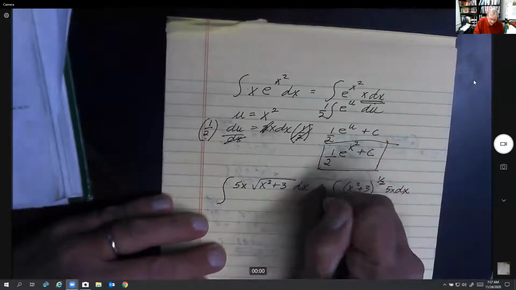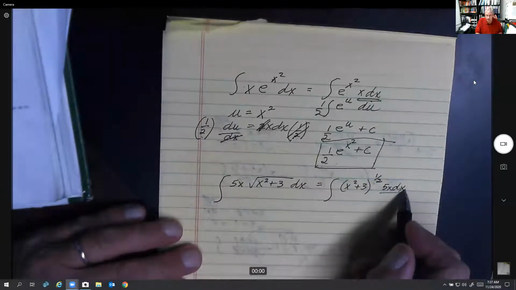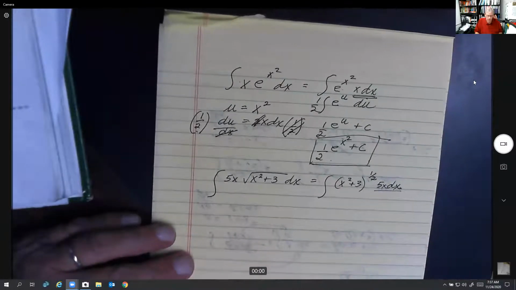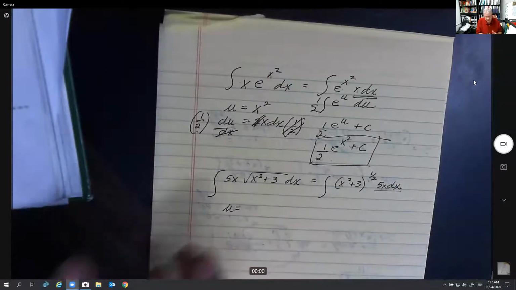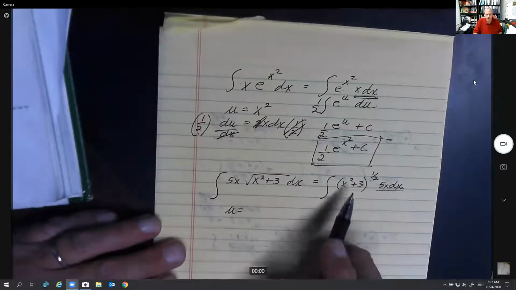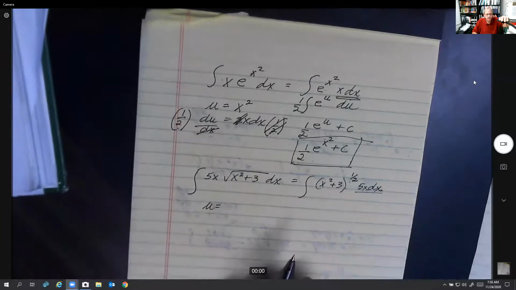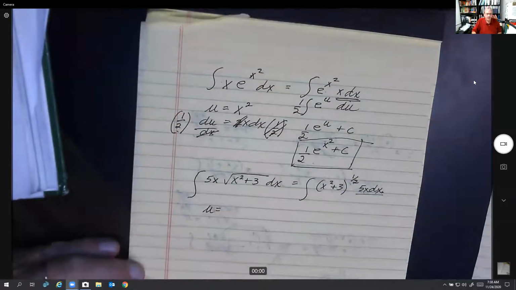So let's simplify that a little bit. And I like to put this together because that's probably going to be our u and our du, and this is going to be kind of like involving the u. Well, what do you think we should set u equal to? I usually put u on this side. What do you think we should let u equal? Maybe that's a little bit better.